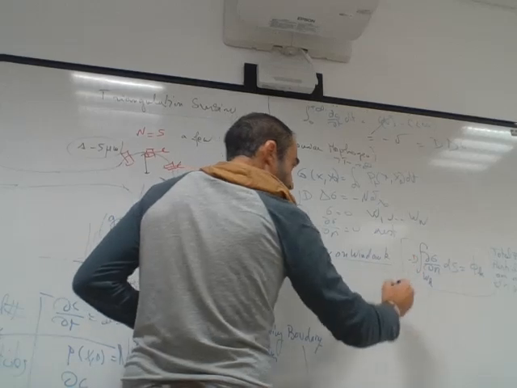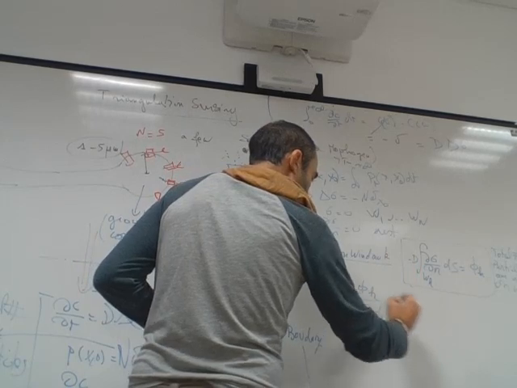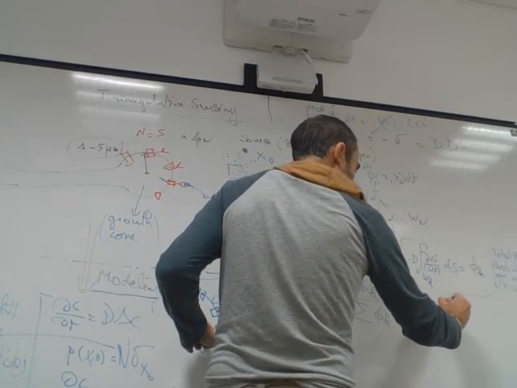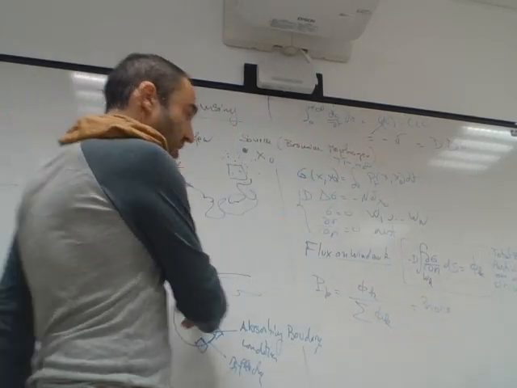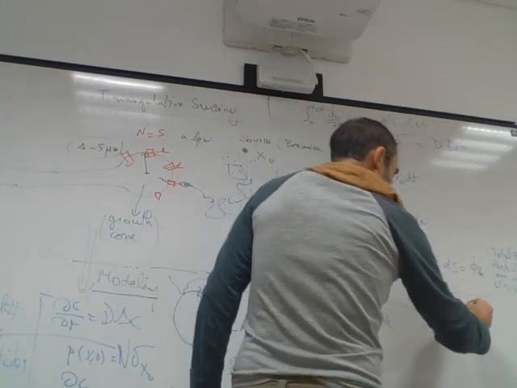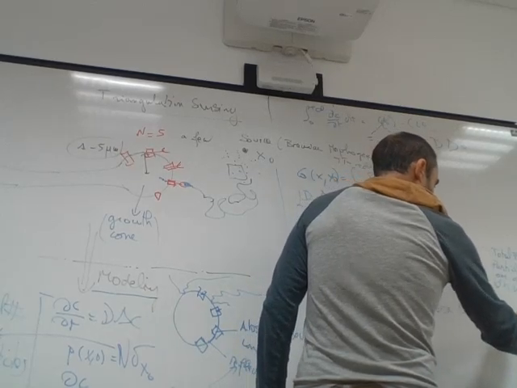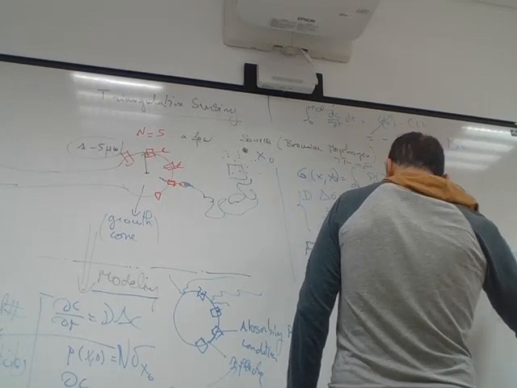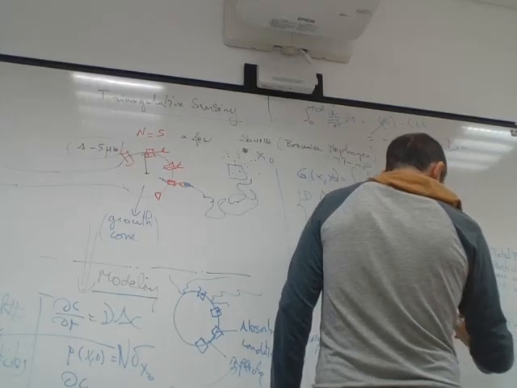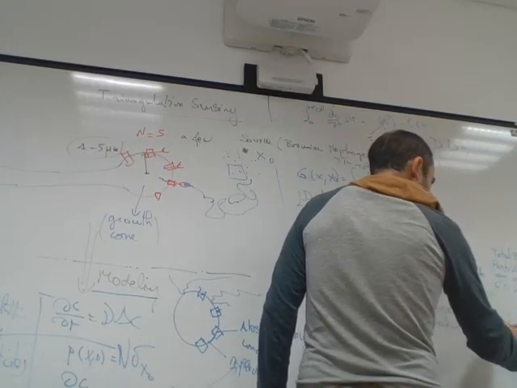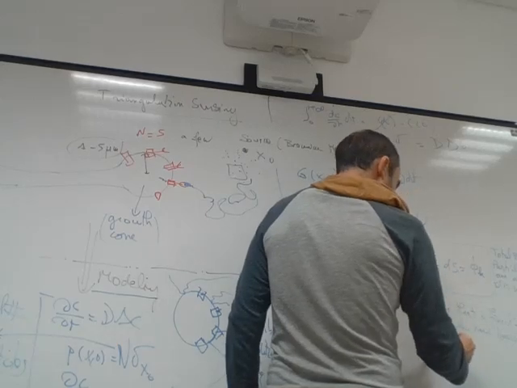So this is simply phi k divided by the sum of phi k. This is the probability that a certain fraction of particles have been absorbed at window Wk.